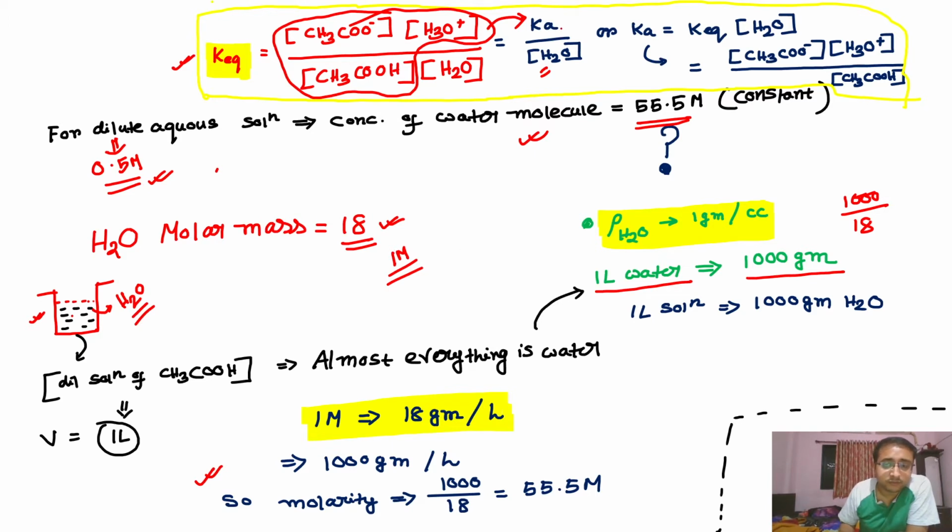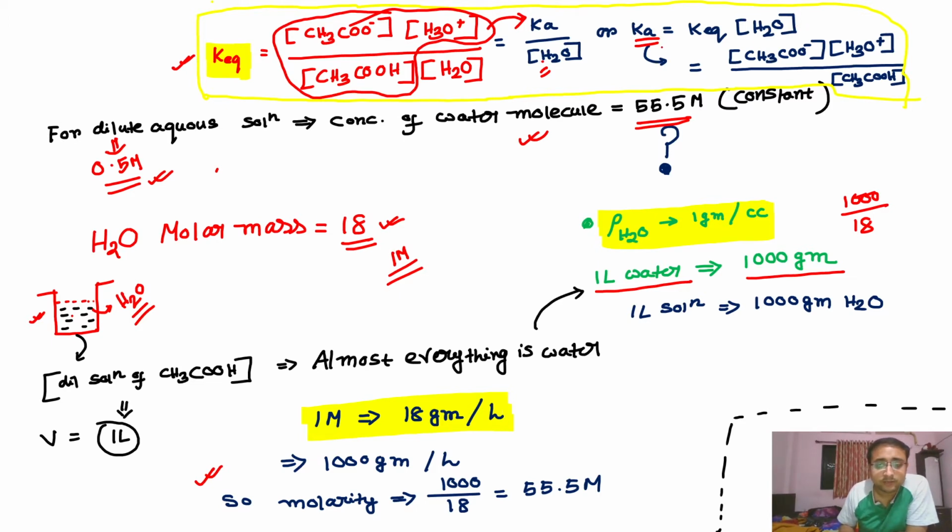Now come back to this equation: K equilibrium is equal to Ka, the acid dissociation constant, divided by the concentration of water. If you multiply the concentration of water with K equilibrium, then Ka, the acid dissociation constant, is equal to K equilibrium times the concentration of water.